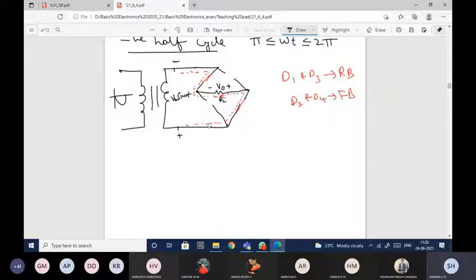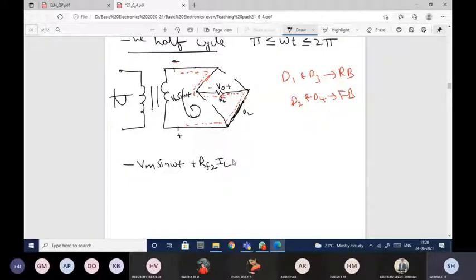Now again let us apply KVL. Let me apply KVL in the anti-clockwise direction only. So when I'm moving in the anti-clockwise direction, my first term is negative, minus Vm sin omega t. Next element is the diode D2, so plus Rf2 into IL. There may be a small forward resistance available with the diode D2.